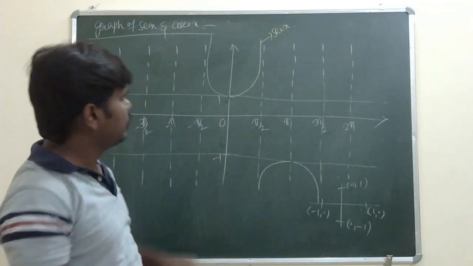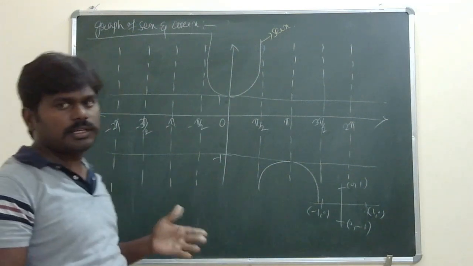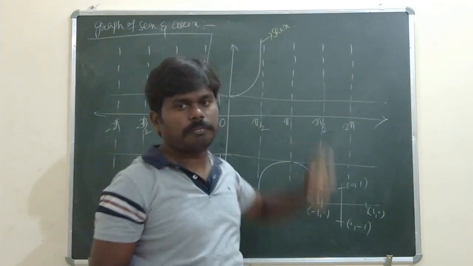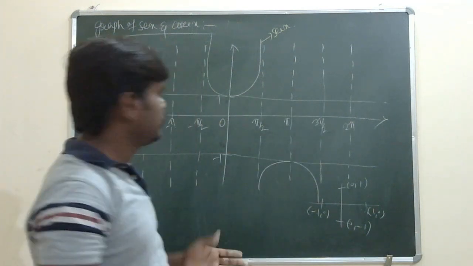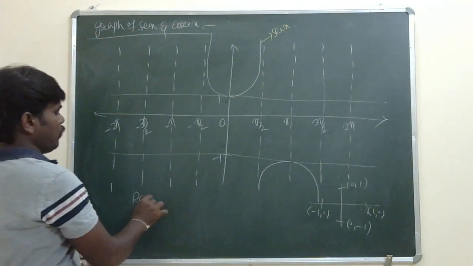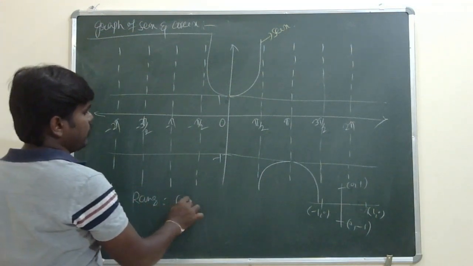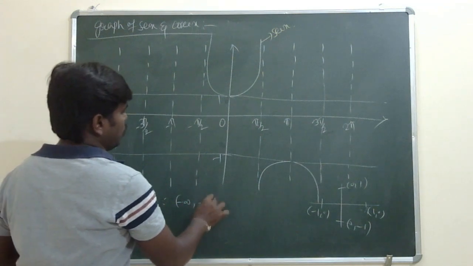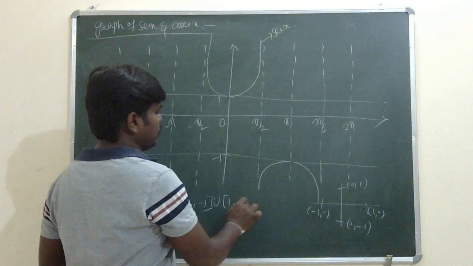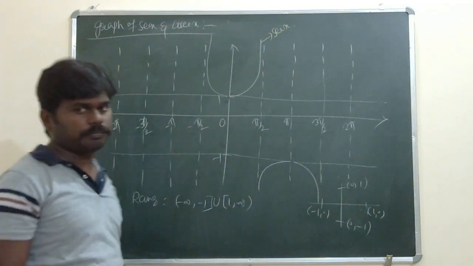So the range of the secant theta will not be in this region. That's why we say the range is minus infinity to minus 1 union plus 1 to plus infinity. Okay, so this is the reason.